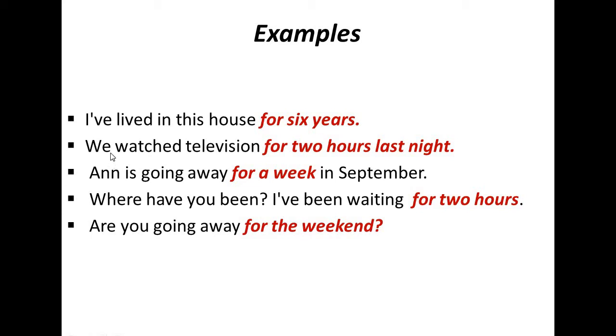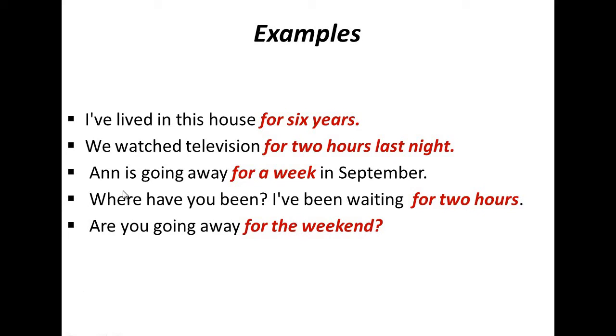The second example, we watched television for 2 hours last night. So last night we watched television for 2 hours, only 2 hours. Here we indicate how long, which is 2 hours.